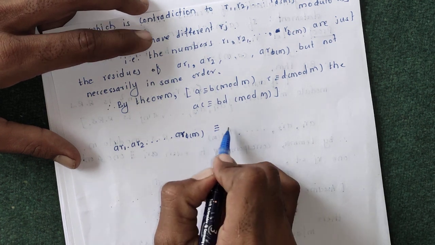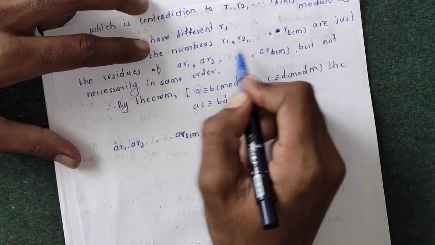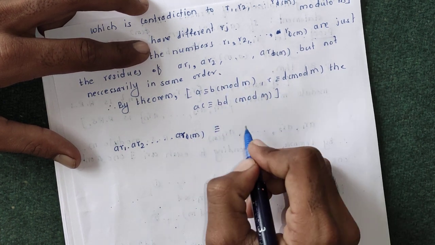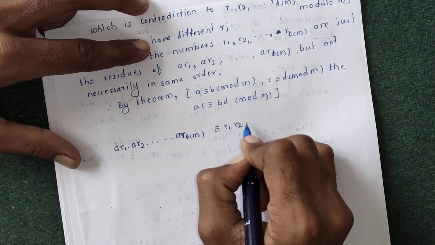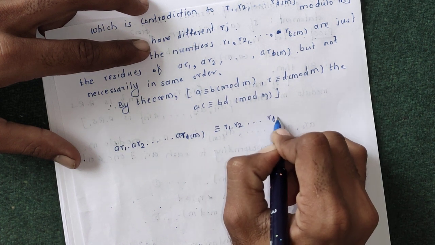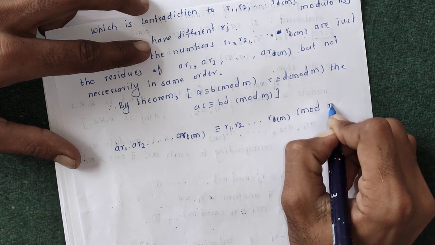They are not necessarily in the same order, but after taking the multiplication of all the congruences we get them in this multiplication. So this is congruent to r1 into r2 up to r phi of m under modulo m.